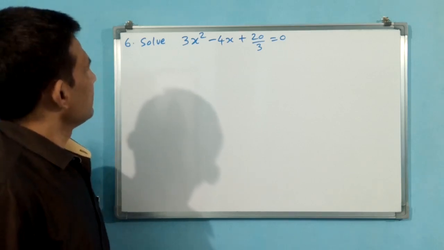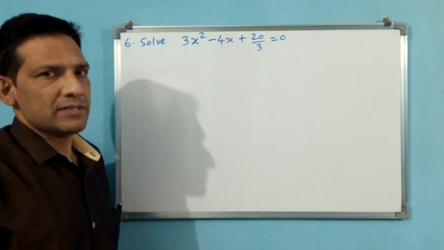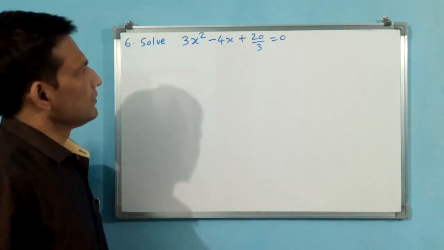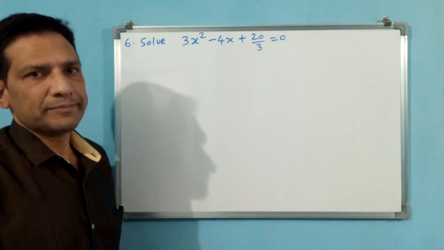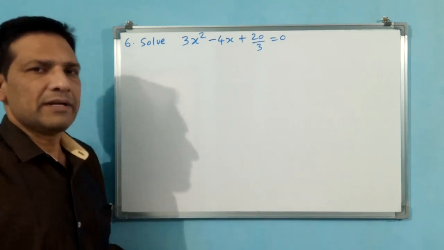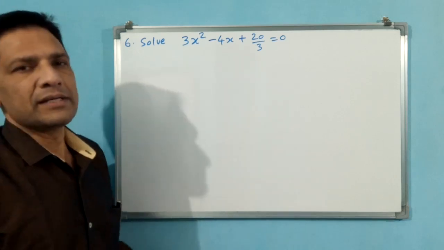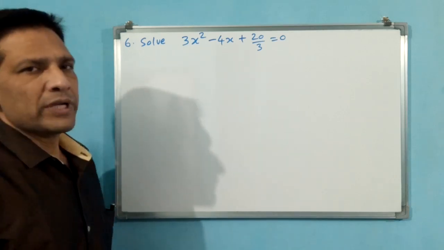Okay, see, solve 3x square minus 4x plus 20 by 3 is equal to 0. If you see here, the denominator 3 is there. If you directly apply the x value, the calculation is going to become tougher. So what we do, we can simplify it.